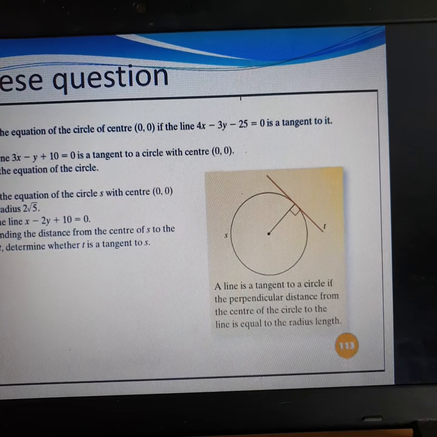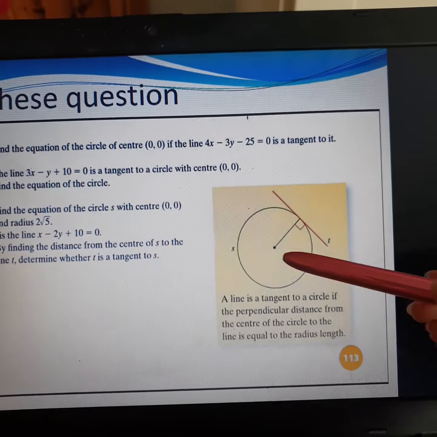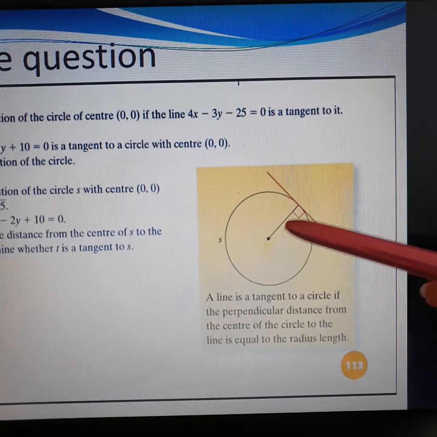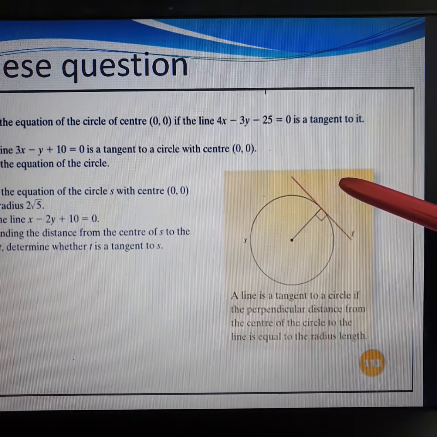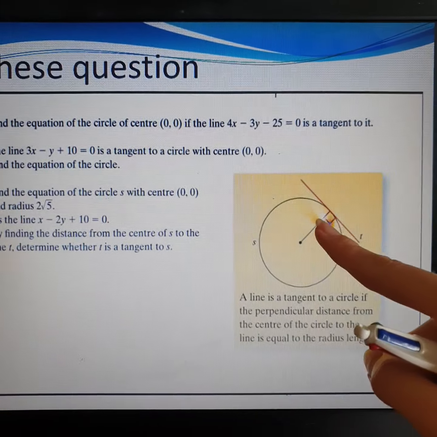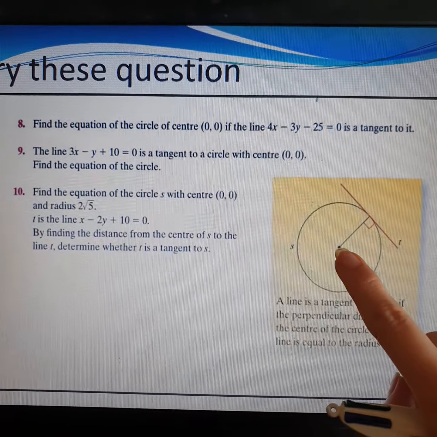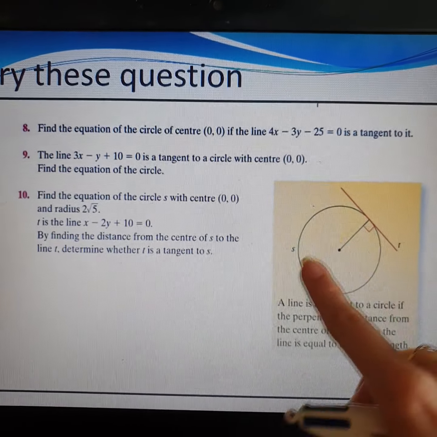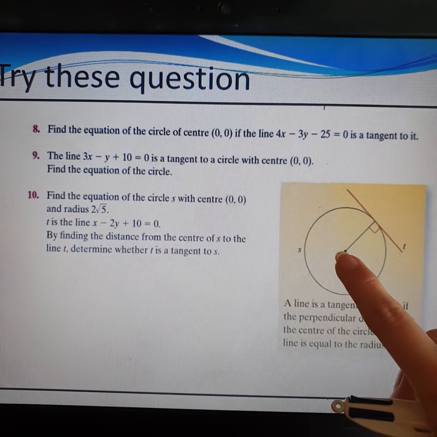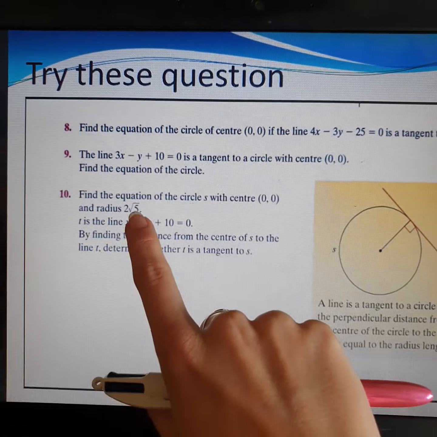If it's not touching the line, it's a little bit away, then the distance from the centre to that line would be greater than the radius, or if it was a line going through here, it would be less. So what you're confirming from that question is that the perpendicular distance from this centre here to that line should be equal to the radius.